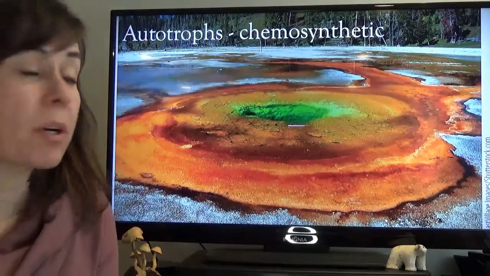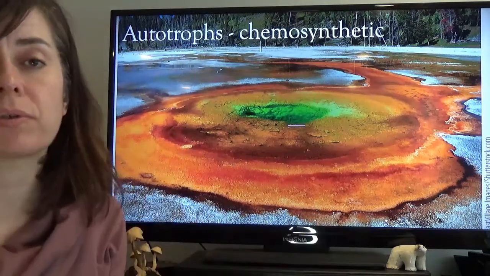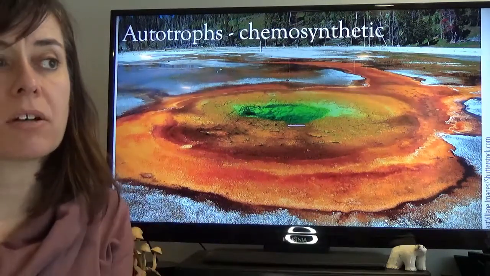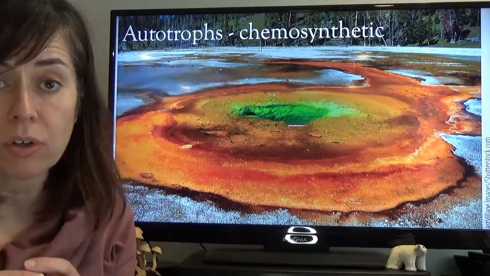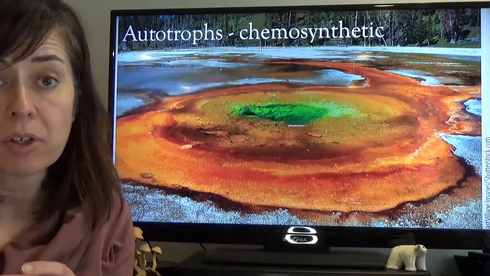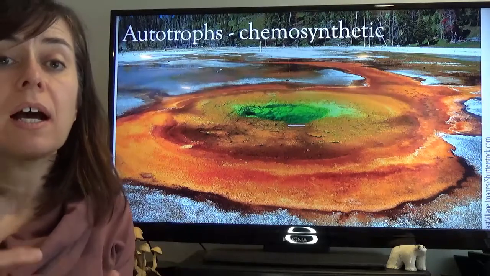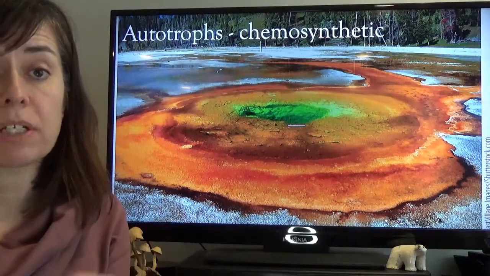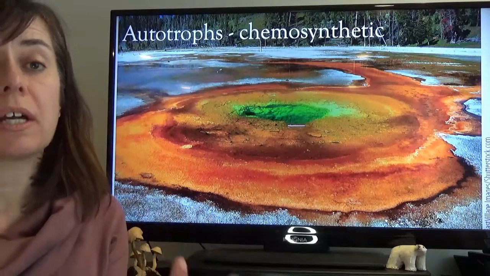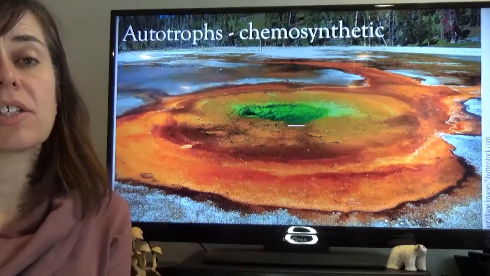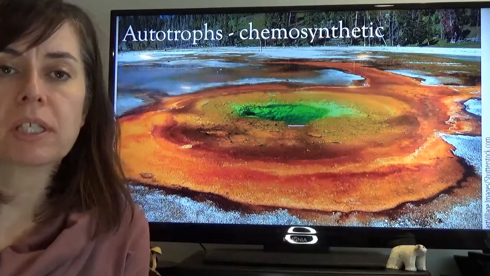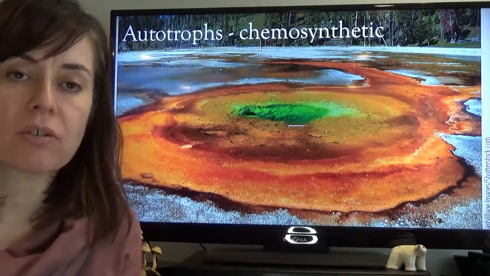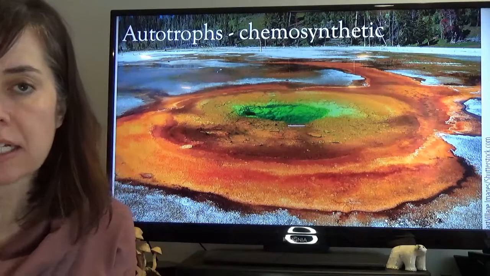First, we're going to talk about chemoautotrophs, or those autotrophs that use energy tied up in various chemicals to help fix carbon dioxide into sugars. We're all very familiar with photosynthesis and the use of light as an energy source to fix carbon dioxide.